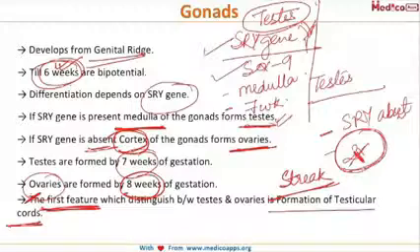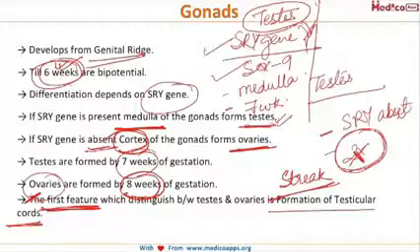Now we'll revise this entire thing in one sentence. Till 6 weeks of gestation, these gonads are bipotential. Now, if the Y chromosome is present along with its SRY gene and the SOX9 gene, then at 7 weeks of gestation, the medulla of these gonads develop into testis. Remember this and it will solve all your questions.